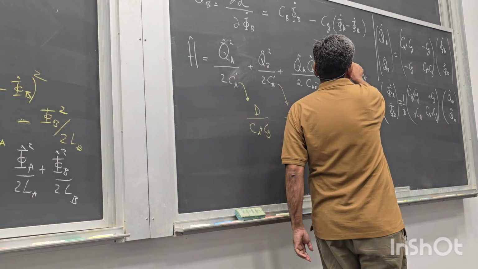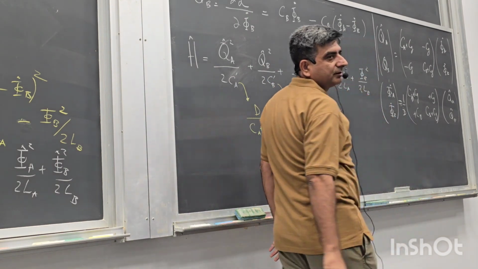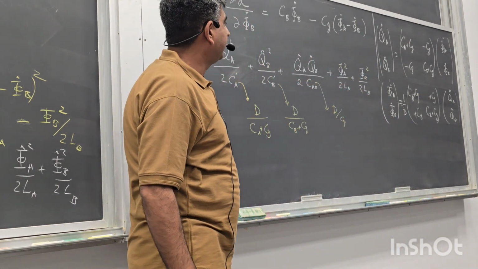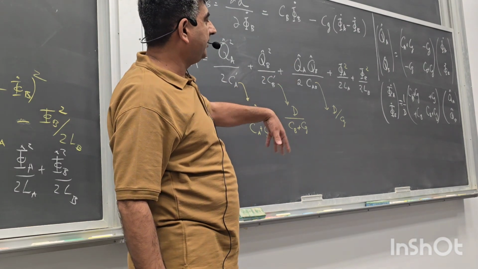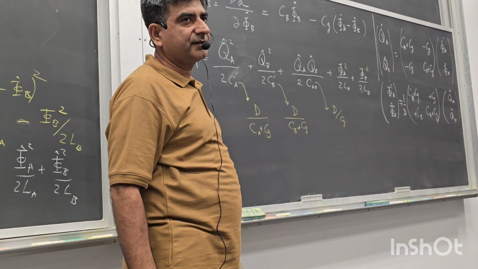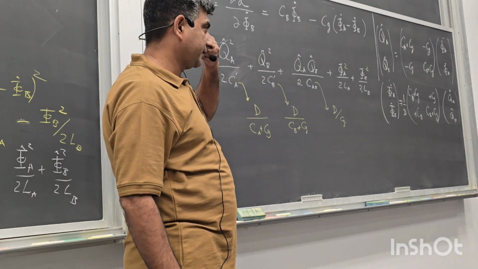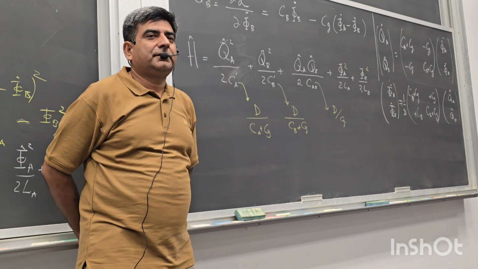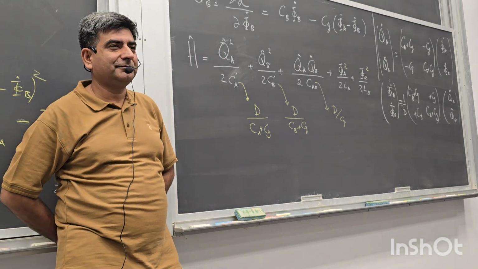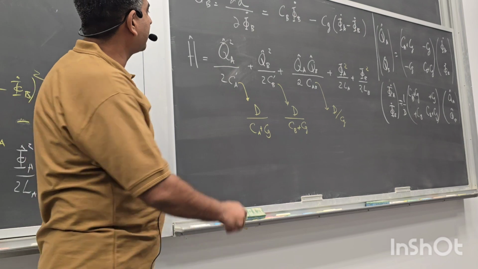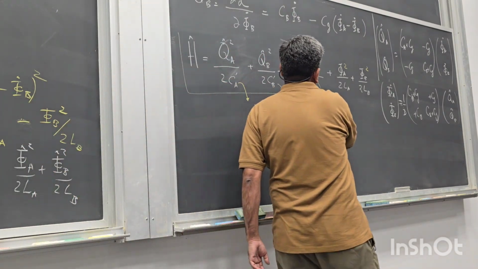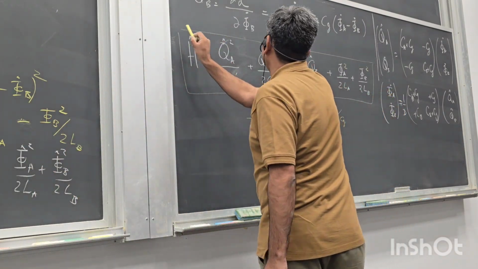Square actually. D is the determinant: CA CB plus CA CG plus CB CG. That's the determinant of that matrix. Alright, so now this is our Hamiltonian. So far so good.